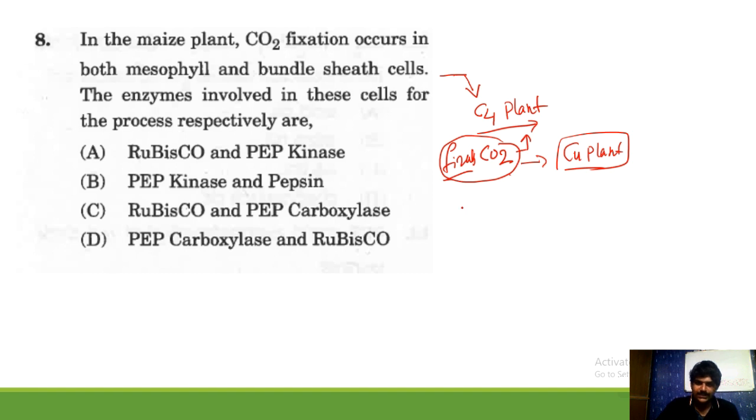Okay, so we have to know the C4 cycle includes two pathways, right? One where the CO2 gets fixed, and that CO2 is going to pass into the C3 cycle. We know the C3 cycle, in which the carbon acceptor is Rubisco, right?